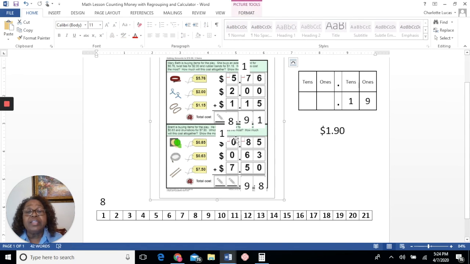So now we get to add 1, 2, 3, 4 numbers, but guess what? A 0 in this place means there are no dollars at this number. So we can't add anything. All we're adding this time is 1 plus 7.